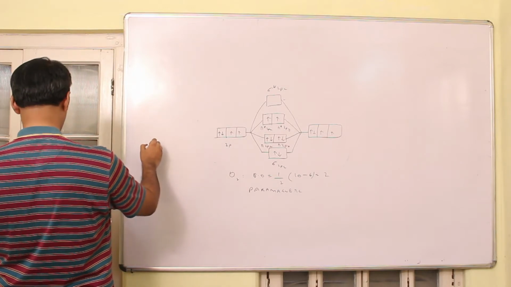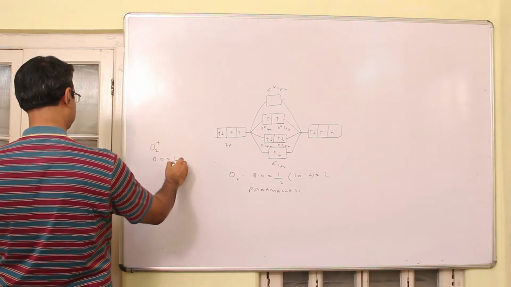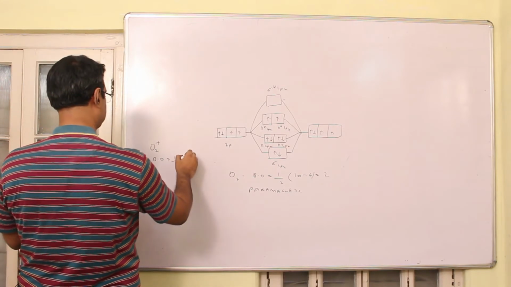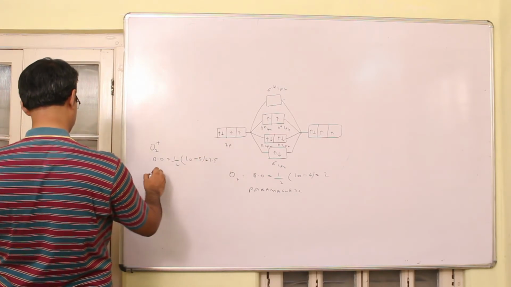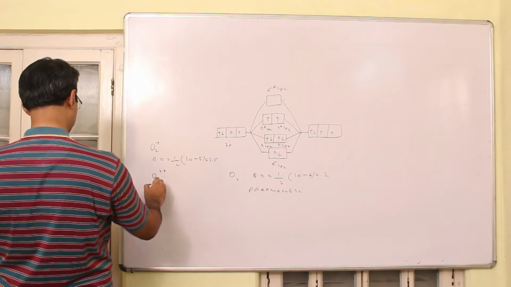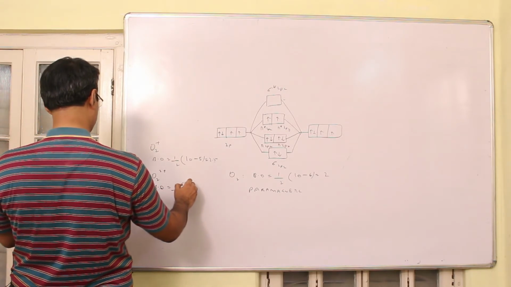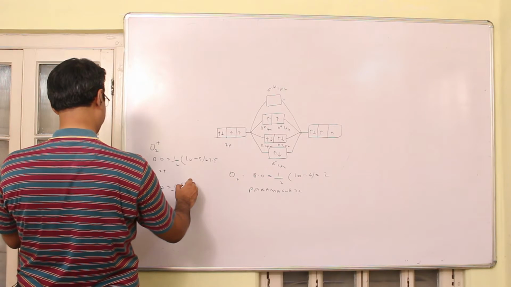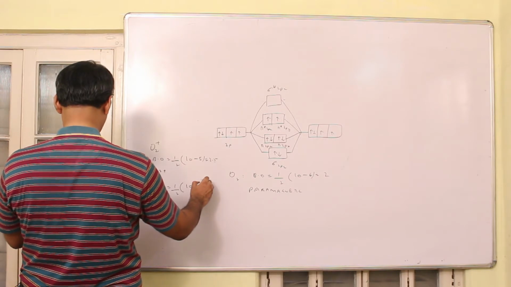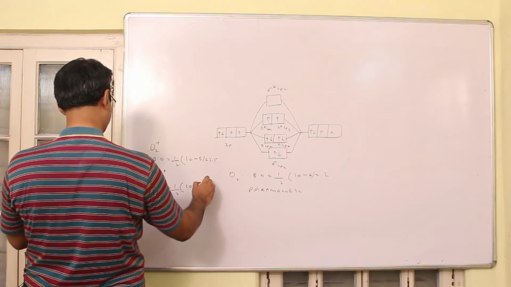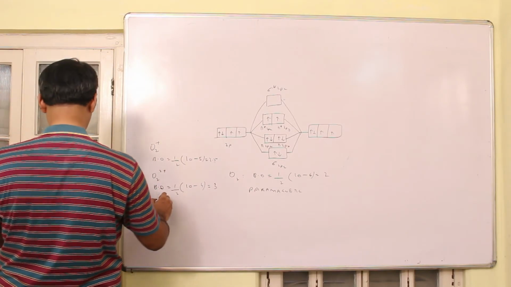Now keeping this in mind, let us try to find the bond order of some similar species. Let's begin with O2 plus. So O2 plus, the bond order will be 2.5. Then the next, let's take O2 2 plus. So O2 2 plus, the bond order will be 3, because half into 10 minus 4.